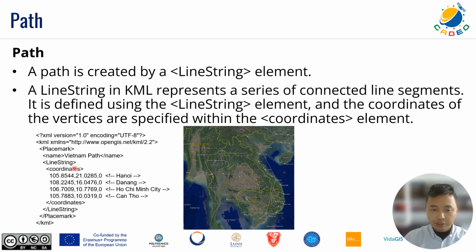So the LineString here is the child of the Placemark element. To define the LineString, we can use the coordinates of the cities to connect all of them, and therefore we will have one path in the output, and we can view it in the geospatial browser. Here is Google Earth.